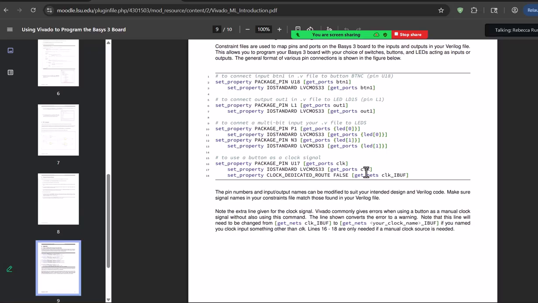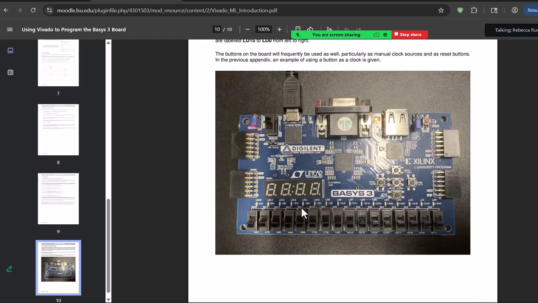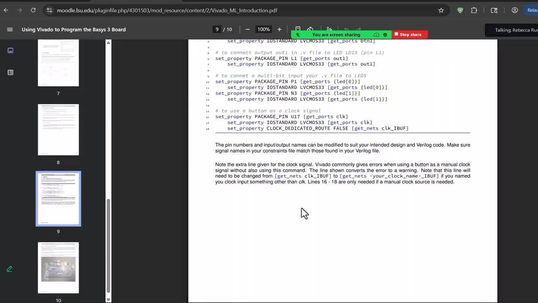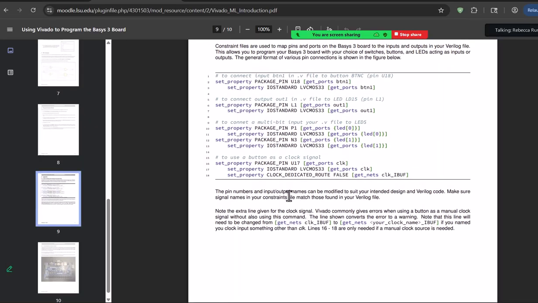It's right here. It's in the file that was with the lab. I'll see what number it was in a minute. It's at the second to last page of using Vivado to program the Basys 3 board to use a button as a clock signal.